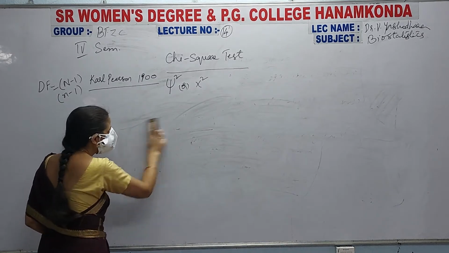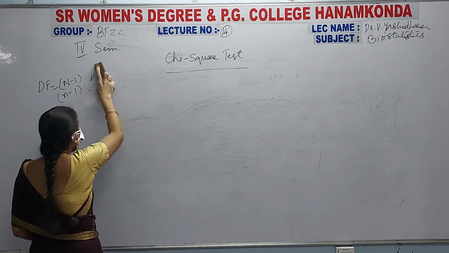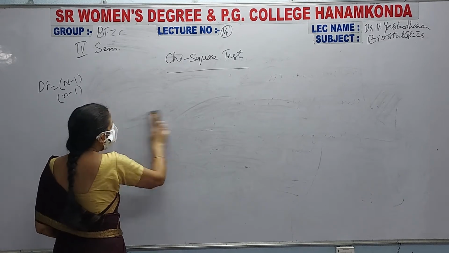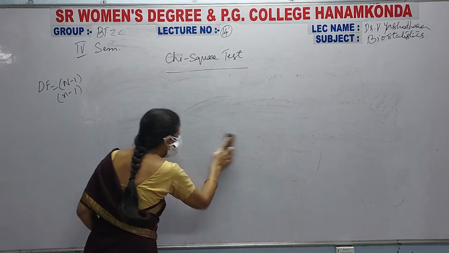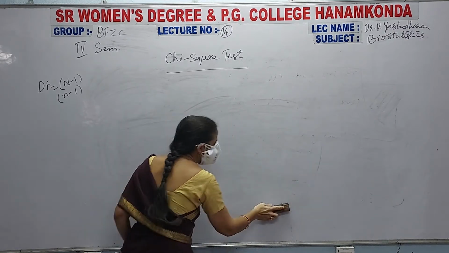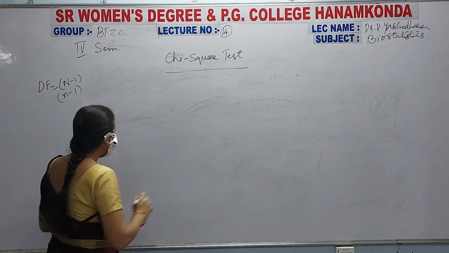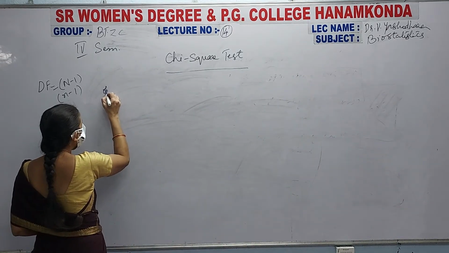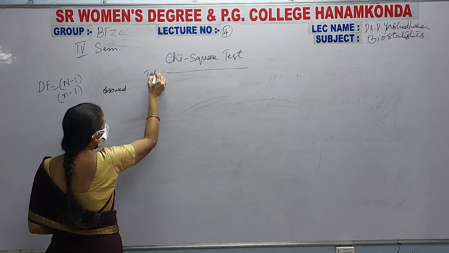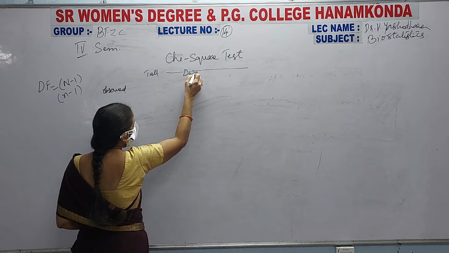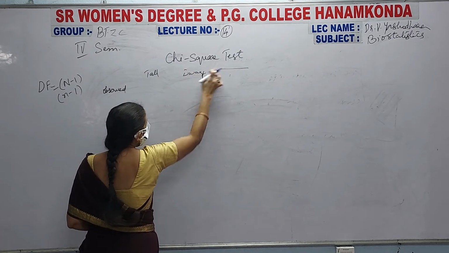I will solve one problem of a monohybrid ratio. See here, observed ratio tall and dwarf I am giving.